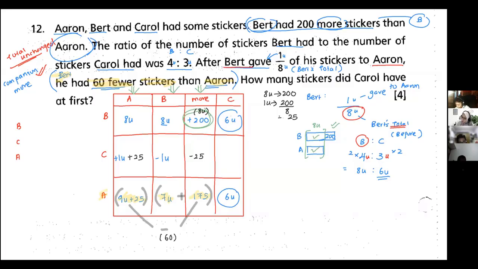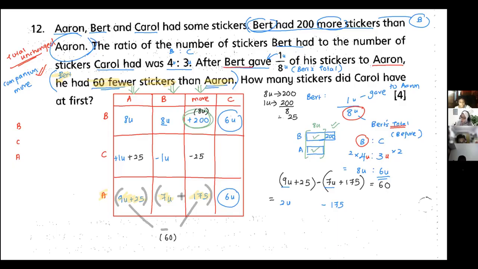So what are we going to do? We can rewrite it out. 9 units plus 25 minus 7 units plus 175 bracket equals to 60. Okay, equals to, now this minus and there's a plus there, this 175 will become a minus 175. 9 and 7 becomes 2 units like this.